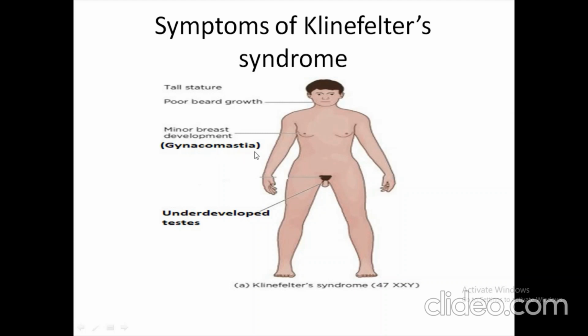Gynecomastia is nothing but breast development. Normally breast development occurs in females, but here breast development occurs in males also. That is why the name gynecomastia is used. And since they are sterile, they have underdeveloped testes. Testes are not properly developed.